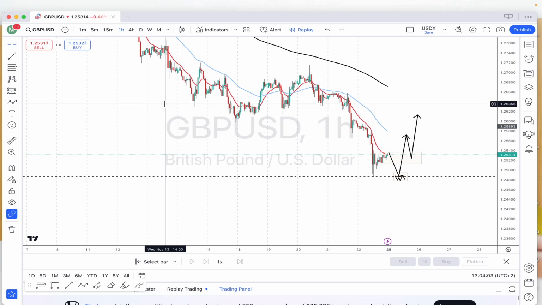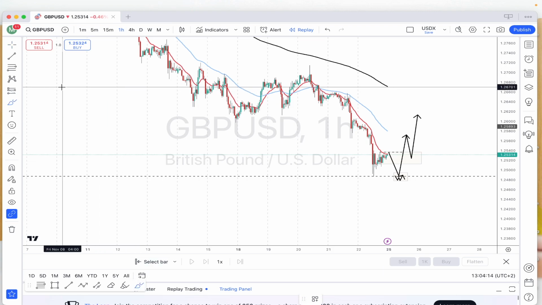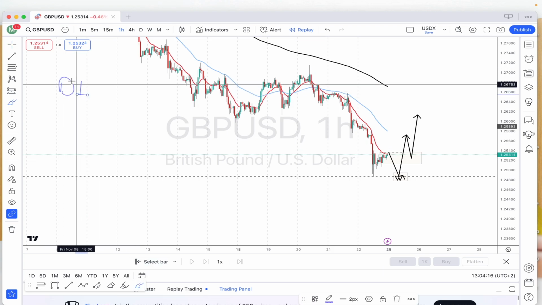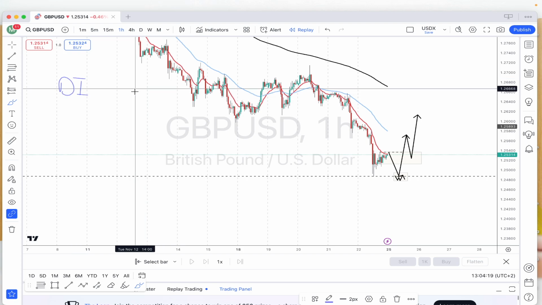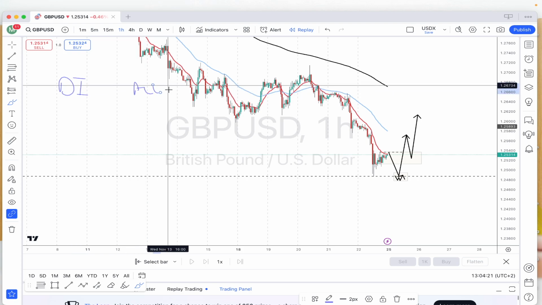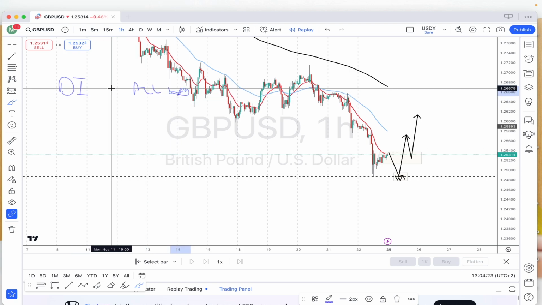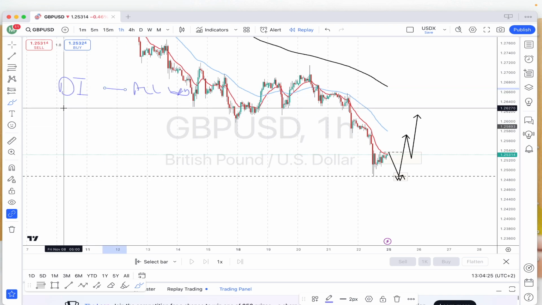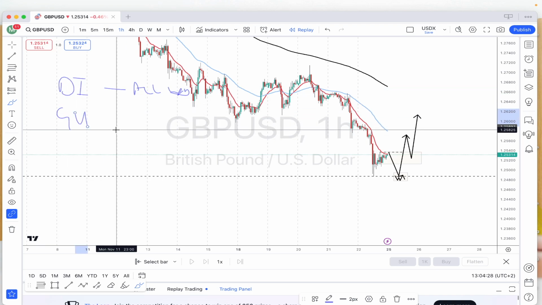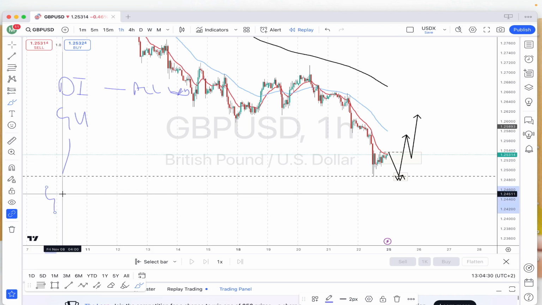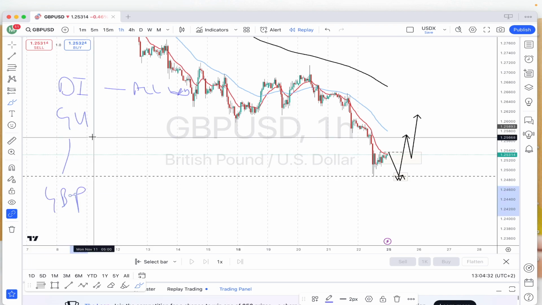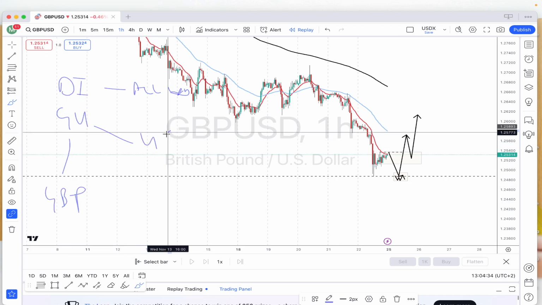So again, as I always say, the fact that you have analyzed the dollar index means you now know what all USD pairs are going to do. Now, the fact that you analyzed GU means you now know what all GBP pairs will do. And you now know what all USD pairs will do.